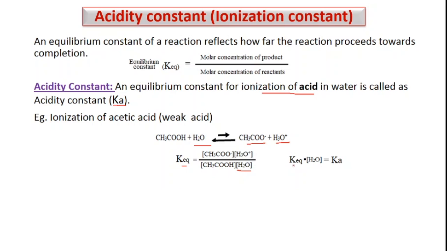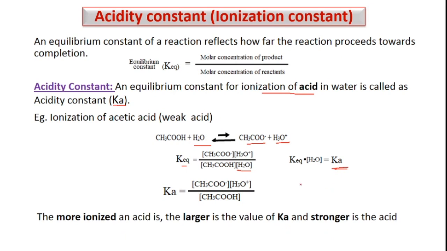So Keq times the concentration of water becomes a constant, and this constant can be named as the Ka value, that is, the acidity constant. So according to this reaction, Ka is equal to the concentrations of ionized species upon the concentration of unionized species.